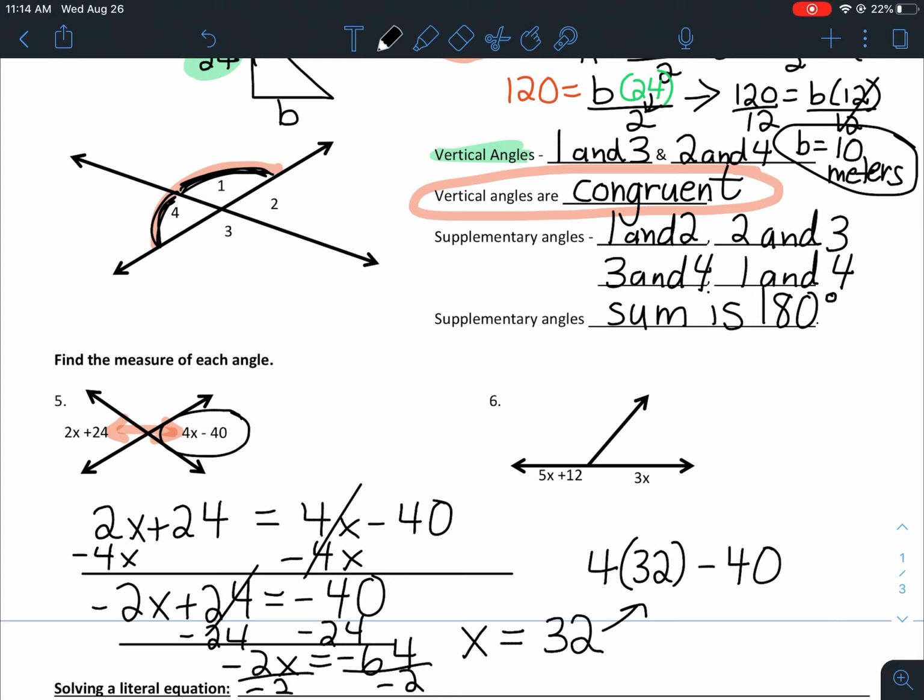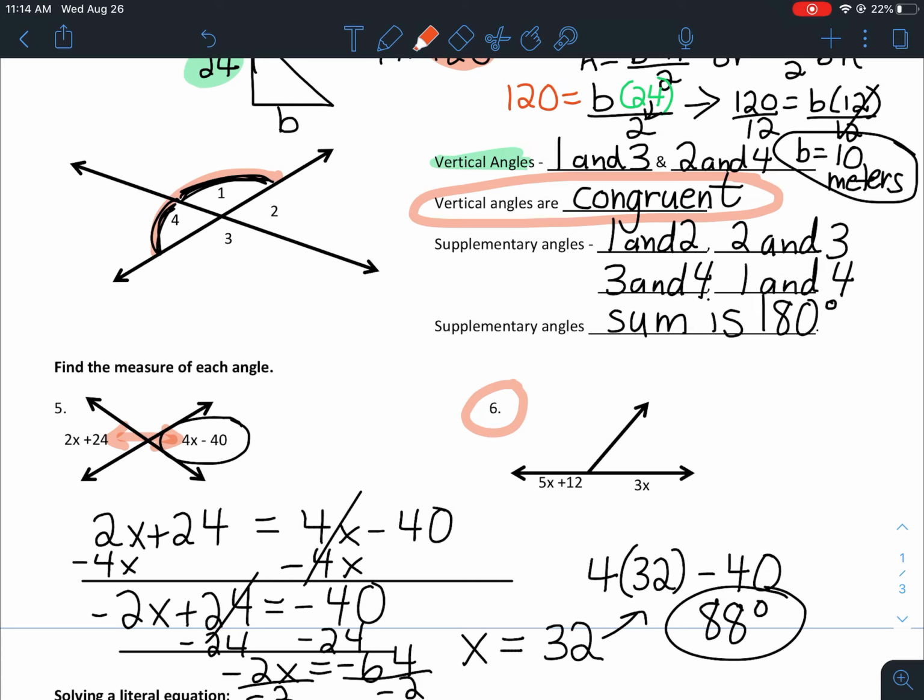So I'm going to plug in 32 for x, and you'd get the same thing if you plugged it in for x in the 2x plus 24 expression, but I'm going to choose the other one. So if I do 4 times 32 minus 40, I end up getting 88. So what's the angle measure? The angle measure is 88 degrees for number 5.